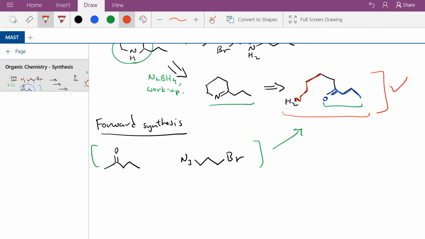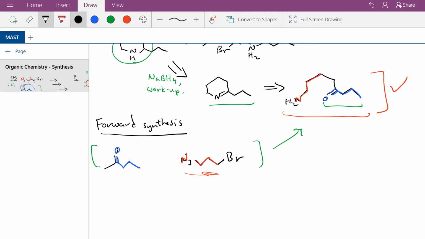So let's compare the starting materials to this intermediate molecule. We see that there is a similarity in the blue region with this carbonyl. And also we see that the nitrogen and the carbons it's attached to might also have something in common here.